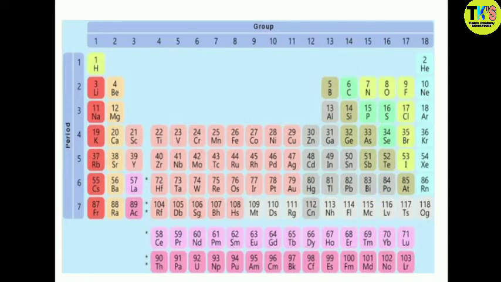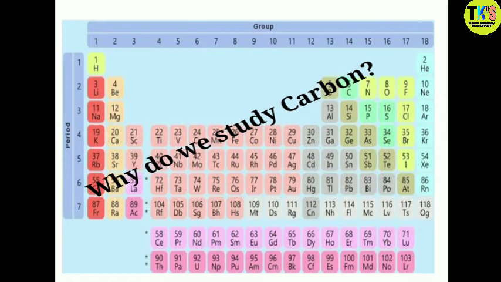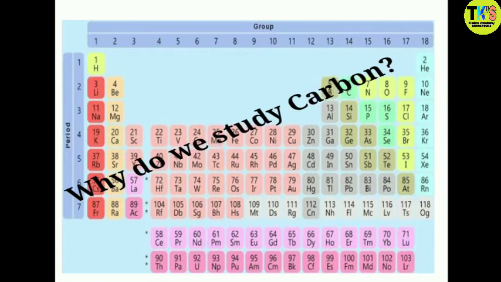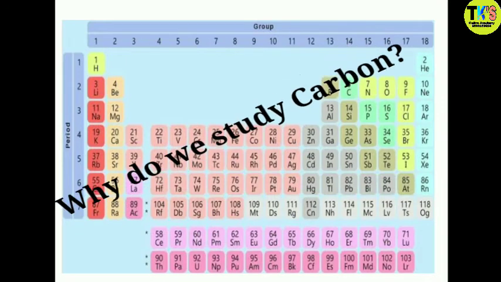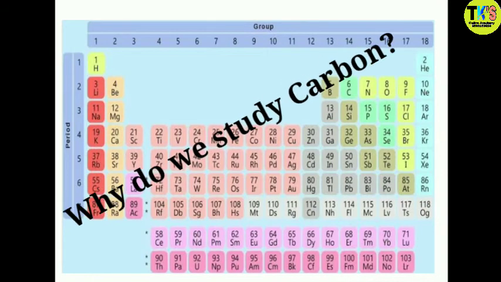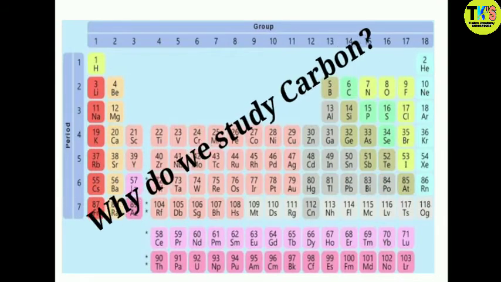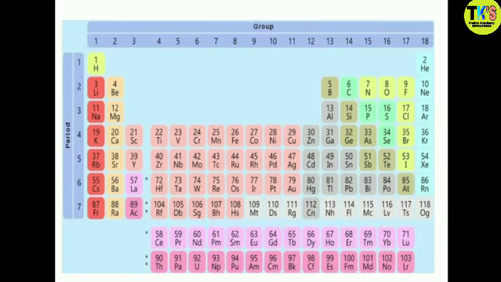So the first question arises, sir, why do we study carbon? There are so many elements in the periodic table, then why do we only study about carbon? Very nice, a good question. We study carbon, dear friends, because it is the most important element.